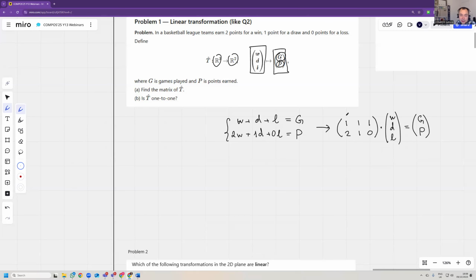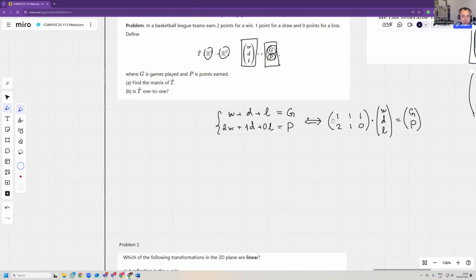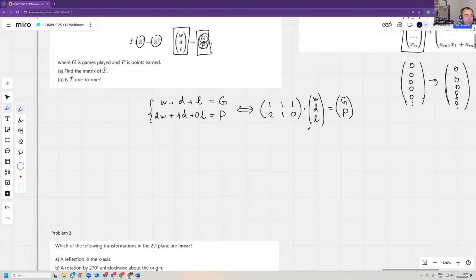This is the matrix equation. This system of equations is equivalent to this matrix equation, and this is the matrix of the transformation T. So the matrix T is 1, 1, 1, 2, 1, 0.